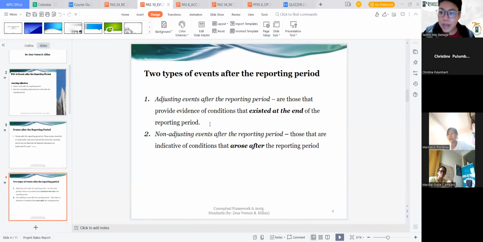The transaction happened January 1, 2023. That is a non-adjusting event already for the year 2022 reporting period, right? Because it already happened in the next succeeding year, which is January 1, 2023. So we're not going to adjust anything because it's for 2023 transactions or reports. So number 2, non-adjusting events after the reporting period.